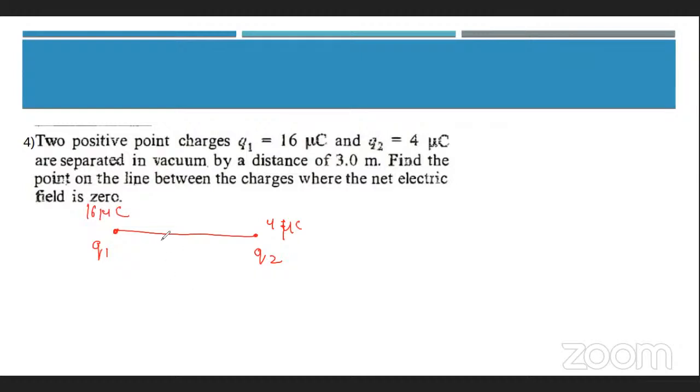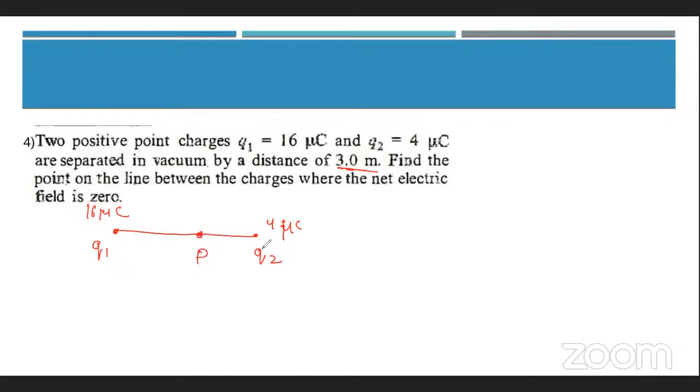The total distance given to us is 3 meter. I will assume the point somewhere in between, and we will try to put it closer towards the Q2 point.